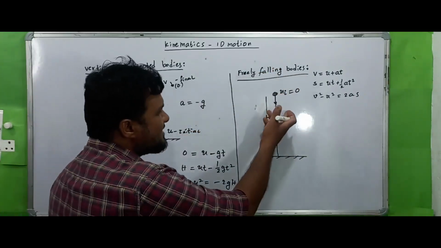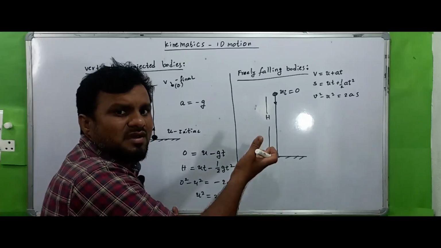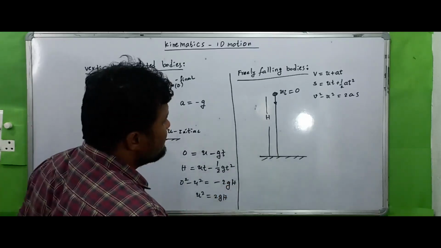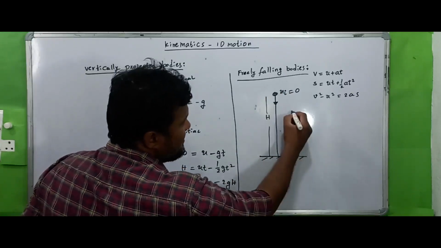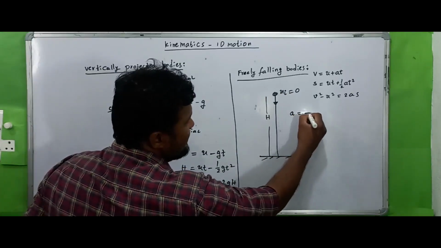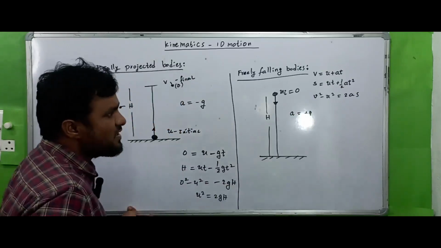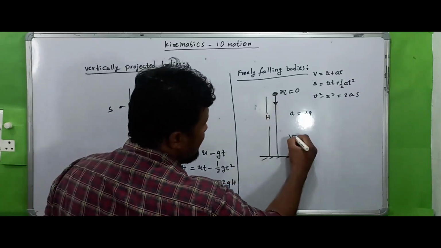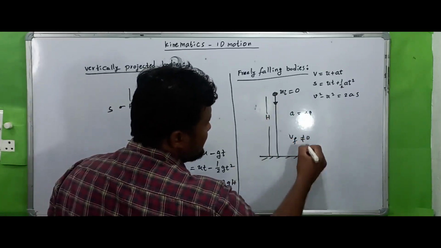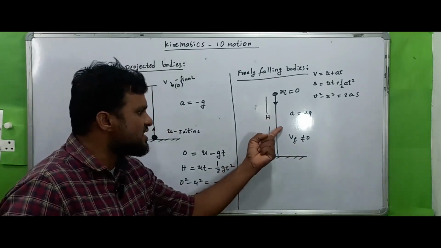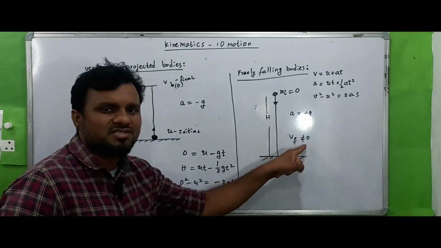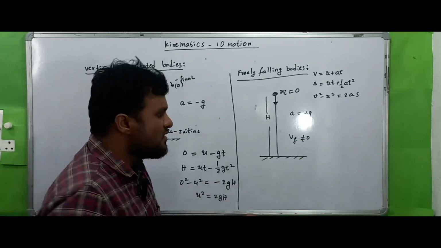The only force acting on these bodies is gravity. Now the body is coming downward towards the earth, so acceleration due to gravity is taken as plus g, by sign convention. Initial velocity is 0, and finally it has some velocity. Final velocity is not 0. At any instant of position, it should have velocity.